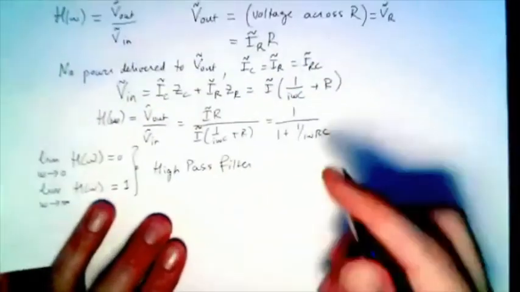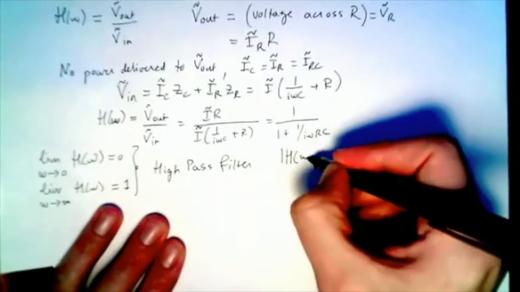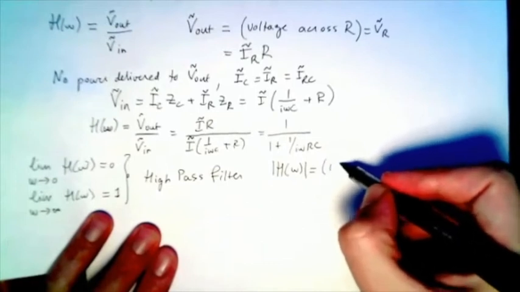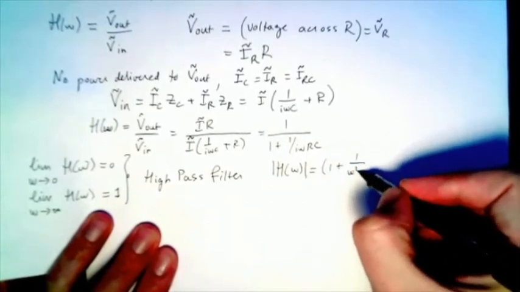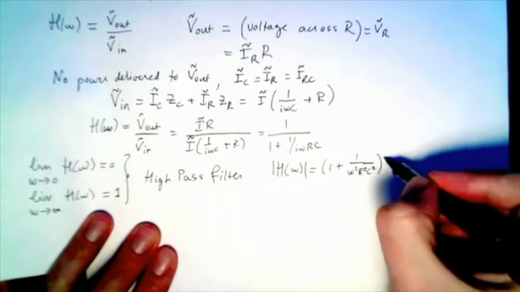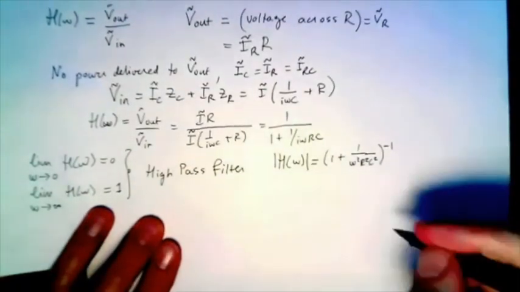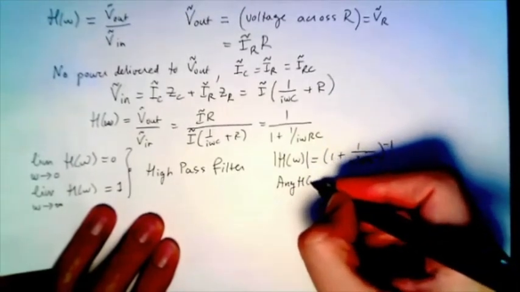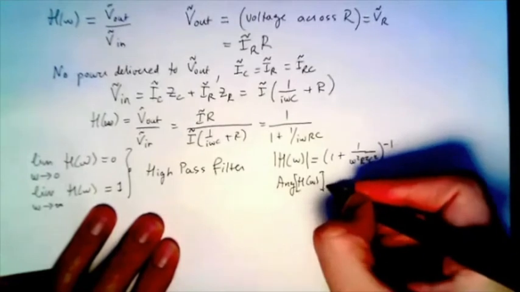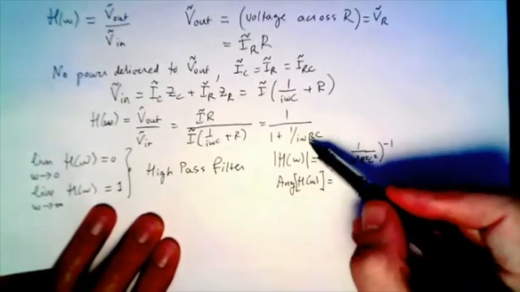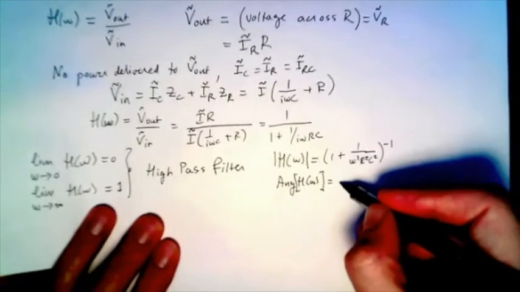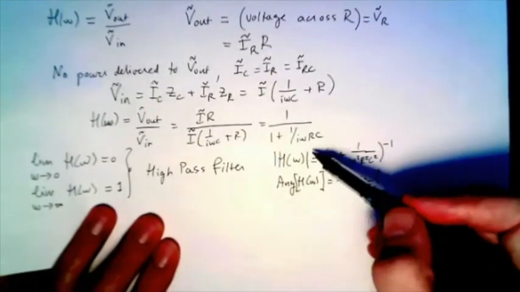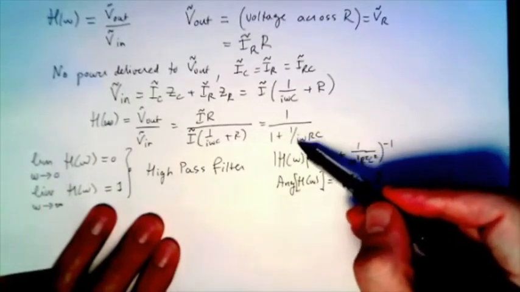And we could do the same thing. We can do that plot of this. This is 1 plus 1 over omega squared R squared C squared, minus 1. And the argument, the phase difference, is minus the arctangent of the imaginary part. The imaginary part is minus because there's an i here.